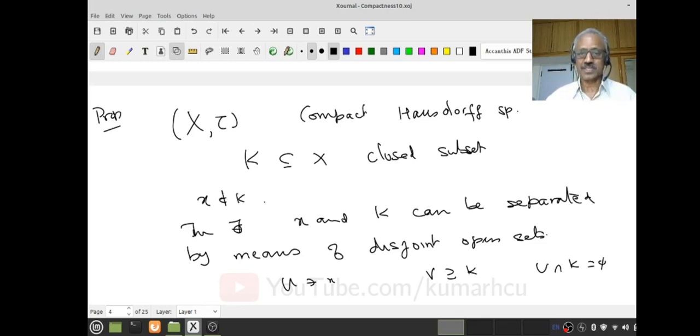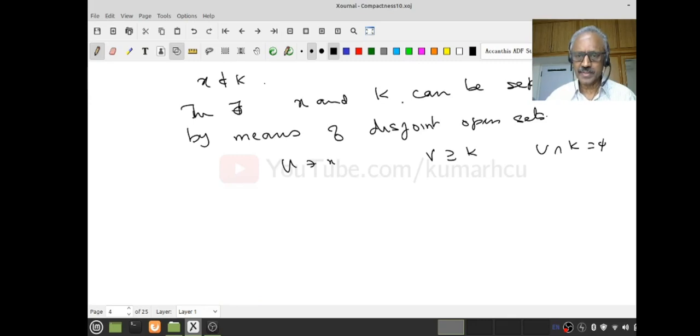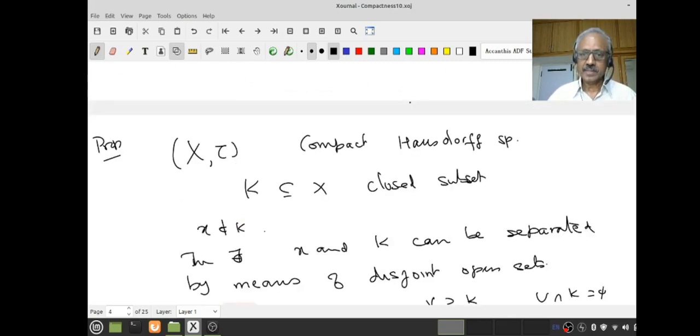This is more general, now K can be anything. Remember, the singleton y is also closed. Are you following? So we are saying in a compact Hausdorff space we can separate a closed set and a point not in the closed set by means of open sets.